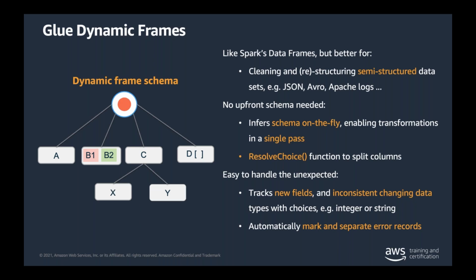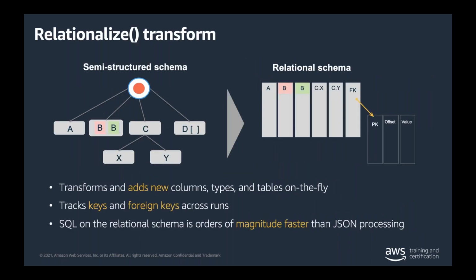Or even further, you can cast all the string values to numeric using these dynamic frame capabilities. So like I said, dynamic frame infers schema on the fly, so it simplifies the cleanup and transform activities because it does everything in a single pass instead of a multi-step process. It really brings better performance to the overall jobs, as I said.